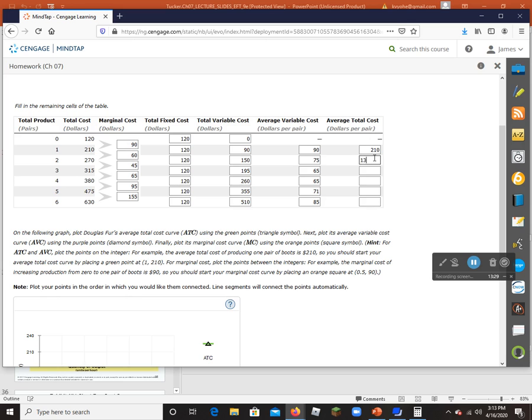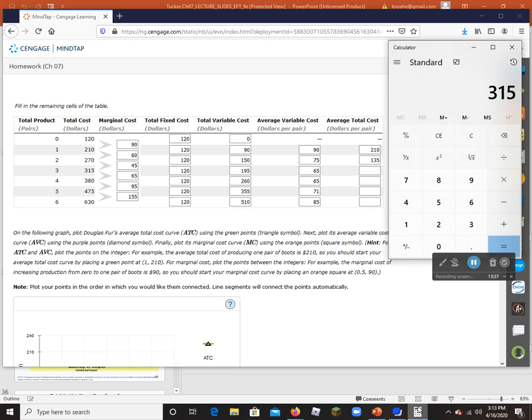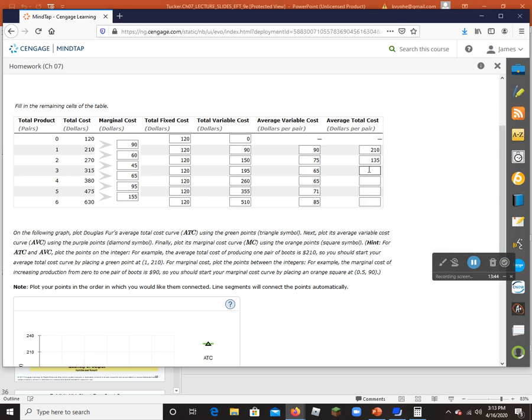Our average total cost is starting to decrease now. It's at $135. For 3 units of output, we have $315 in total cost divided by the 3 units of output. Our average total cost decreases to $105 per unit.